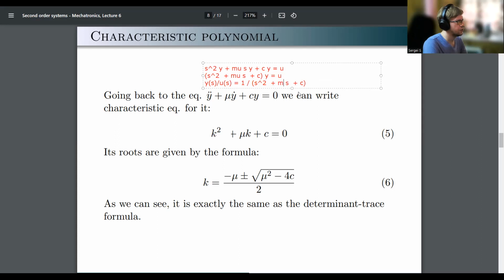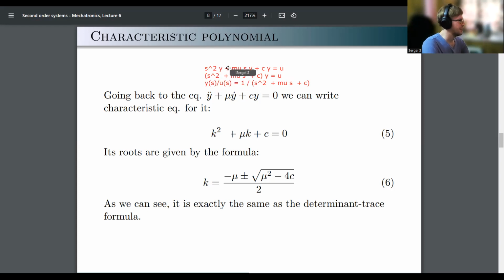Let me just double check. Okay, that was mu. All right, this might look a little bit suspicious in terms of what this ratio is. If it looks suspicious, I invite you to get any lecture on the Laplace transform. I have a lecture, so just refresh it.